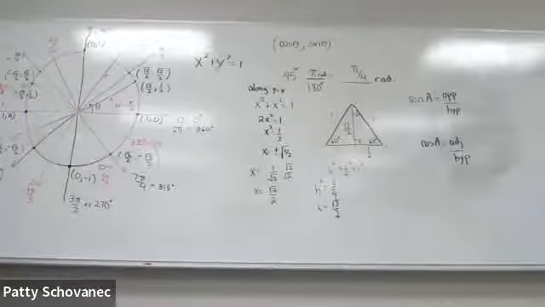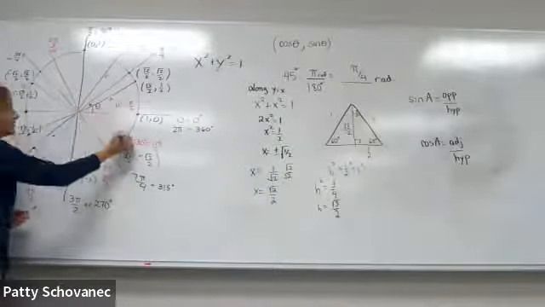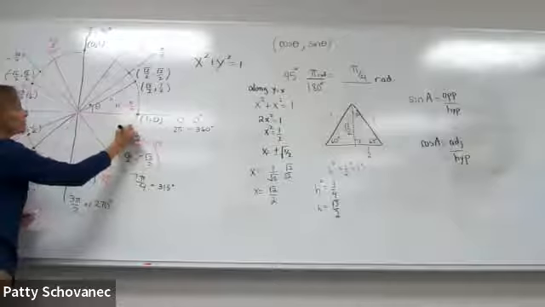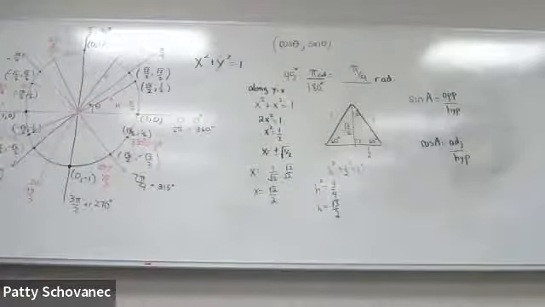The next pi over 6 is down here. In the third quadrant, both x and y are negative. So we're going to write negative square root of 3 over 2, negative 1/2. And then the next pi over 6 is over here where x is positive, y is negative. So we have square root of 3 over 2, negative 1/2. All good?